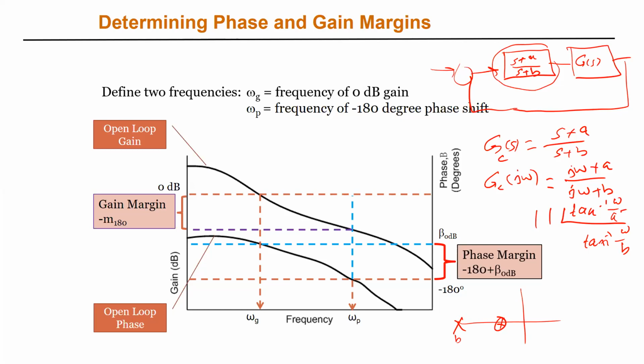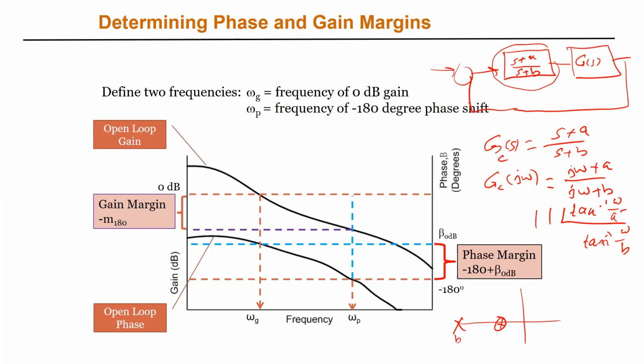If I need tan inverse of omega over A greater than tan inverse of omega over B, which values of A and B will do the job?